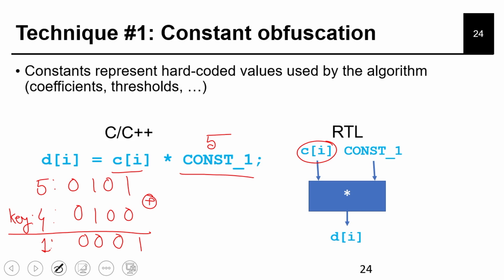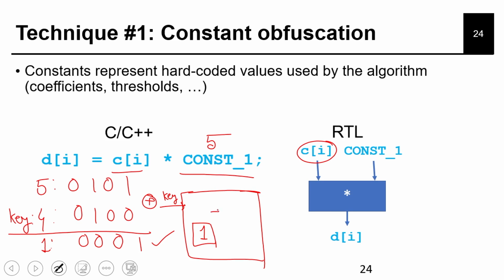So, what I will do in my design is store this value, 1, in my register here, and the key will come from outside, right, because the key is coming from outside, which is not part of this.